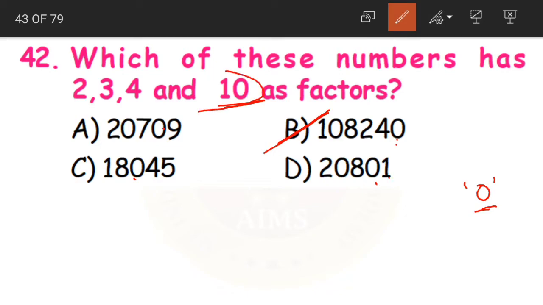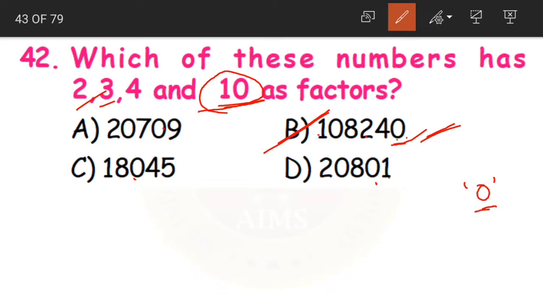Yes. Why did I go with 10 is that 10 has the easiest divisibility rule. Yes or no? It should have 0 in the ones place. So among the given numbers, only B has 0 in the ones place. Again, for 2 to be a factor, it should have 0 in the ones place. Yes, again correct.